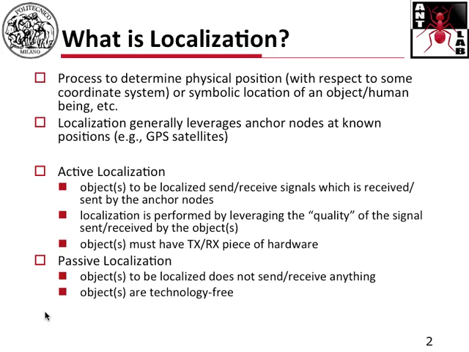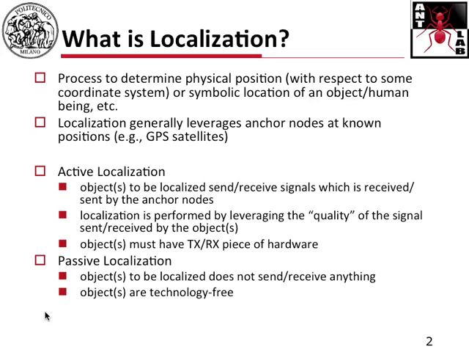So does this guy have a transceiver with him or not? If it has a piece of hardware which can be used by the anchor nodes to localize it, this is called an active localization system. Active because the entity, the human being, the animal which is to be localized carries a piece of hardware which interacts with the anchor nodes.